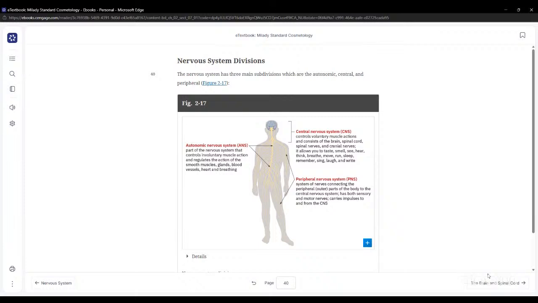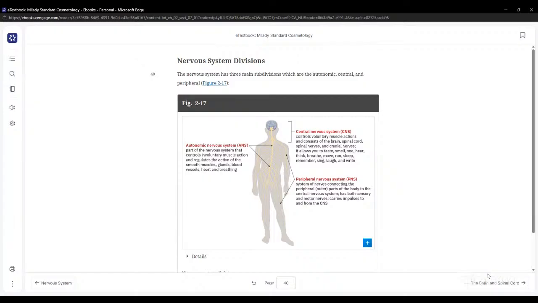One system, the autonomic nervous system, ANS, okay? It regulates the action of the smooth muscles, the glands, the blood vessels, the heart, and the breathing. So this particular nervous system, mainly found in the core, in our spinal column area, we don't control that, okay?